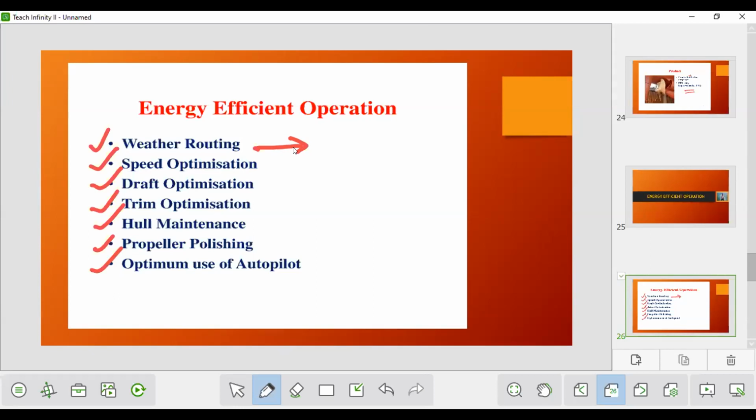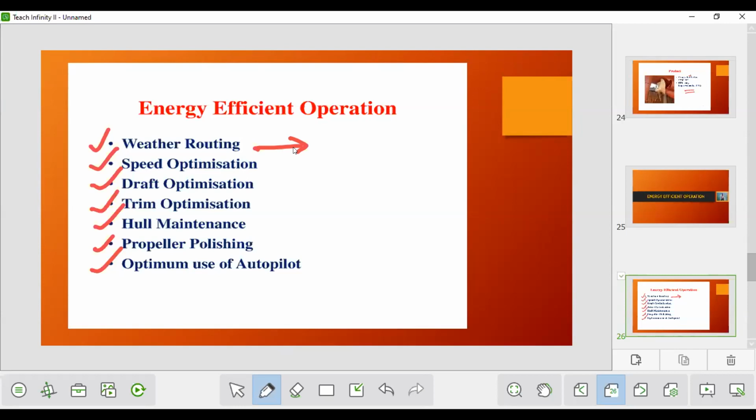So weather routing means, let us say the ship is going from Chennai to Singapore. Based on the weather forecast and wave data, they can calculate what route would be better to reach Singapore so that the fuel requirement is less.